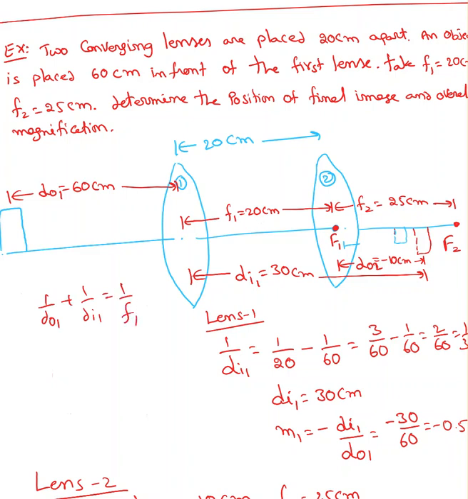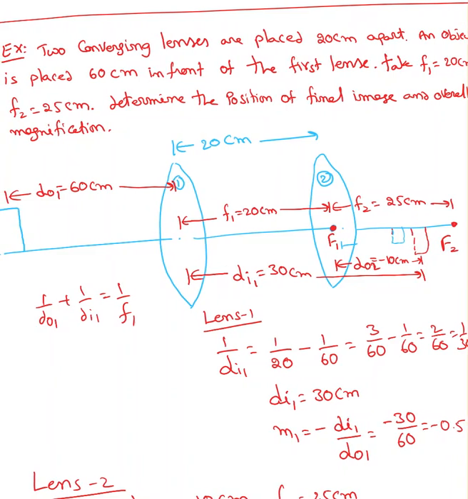So f1 is known, distance of the object 1 is known. Based on that, 1 over distance of image 1 equals 1 over 20, which is focal length, minus 1 over 60, which is distance of object 1. So we end up with the distance of image 1 equal to 30 centimeters.